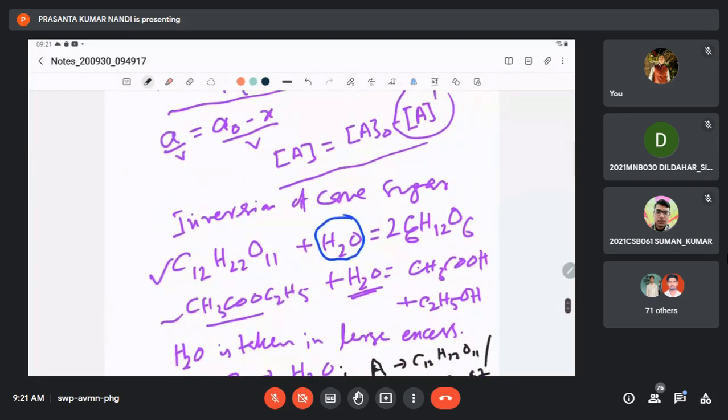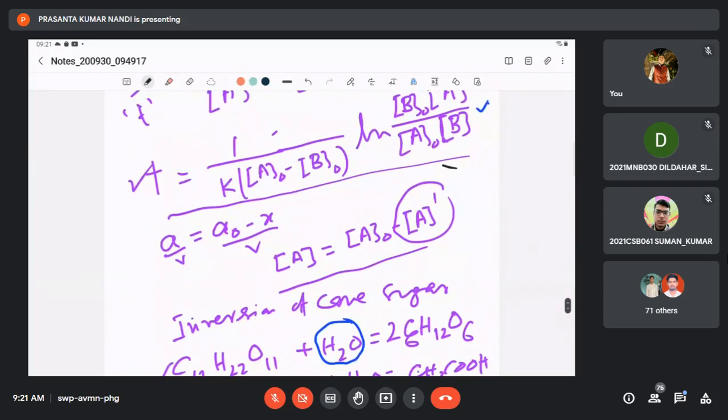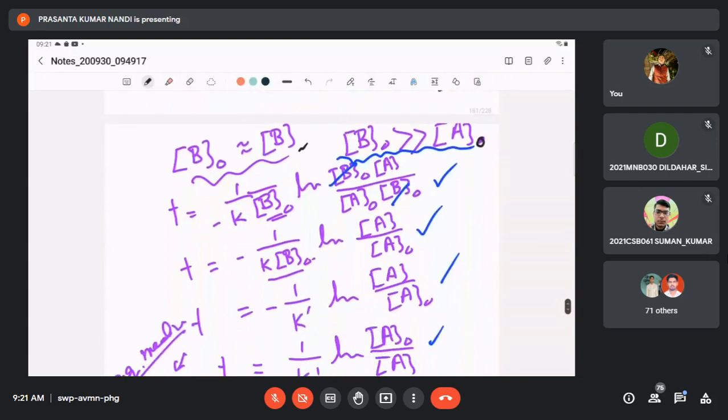And as a result of that, this equation becomes like this. And since B0 is a constant, we can take it to constant k and put it as another constant k prime. So t equals to minus 1 upon k prime ln A by A0.